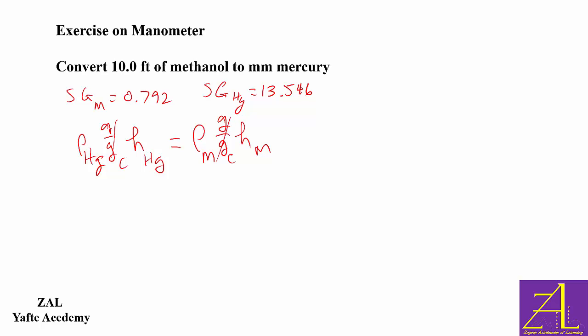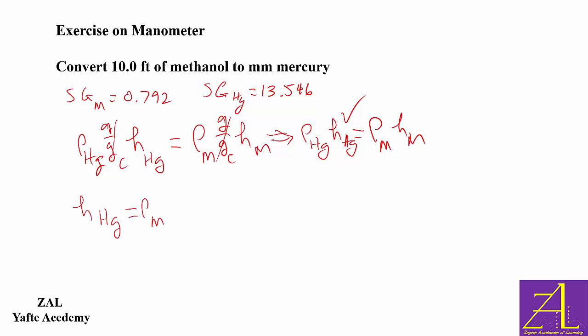G over GC cancels out, so I have a relationship when I want to convert one column to the other. Rho Hg H of Hg would be rho of methanol H of methanol. So what is unknown here is the column of mercury, but the column of methanol is already 10 foot. H of Hg would be equal to rho of methanol H of methanol divided by rho of Hg.